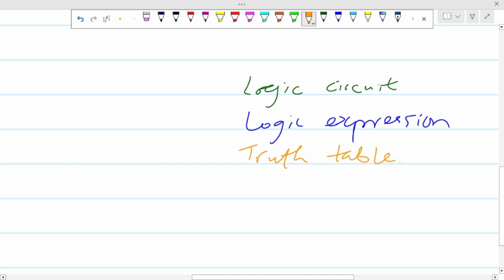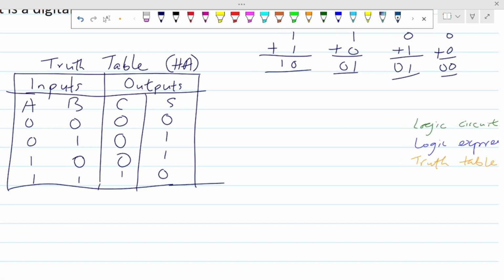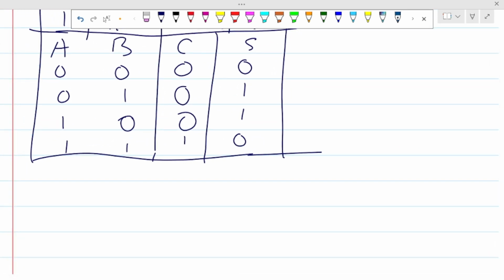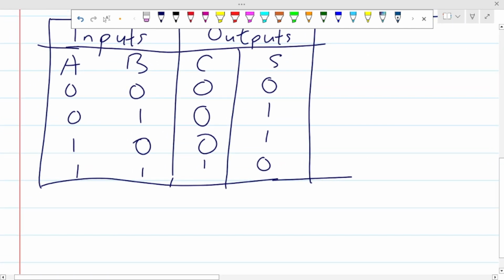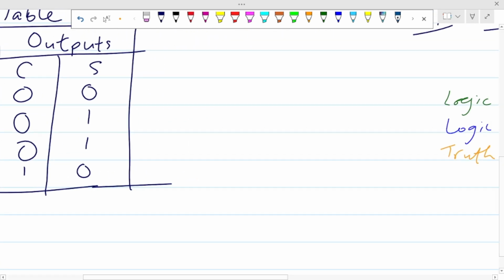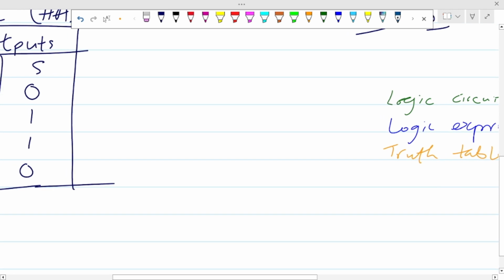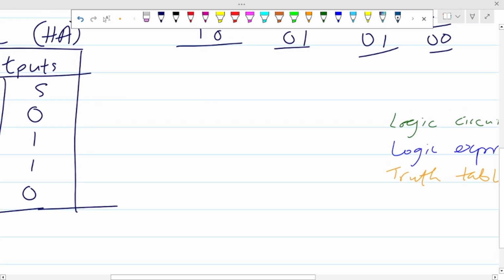So this is just the process we are going through. Now we've started with the truth table, and we've gotten the truth table, and now we start to get the logic expression. To get the logic expression we need our K-map. I think I should have added that in between the truth table and the logic expression.